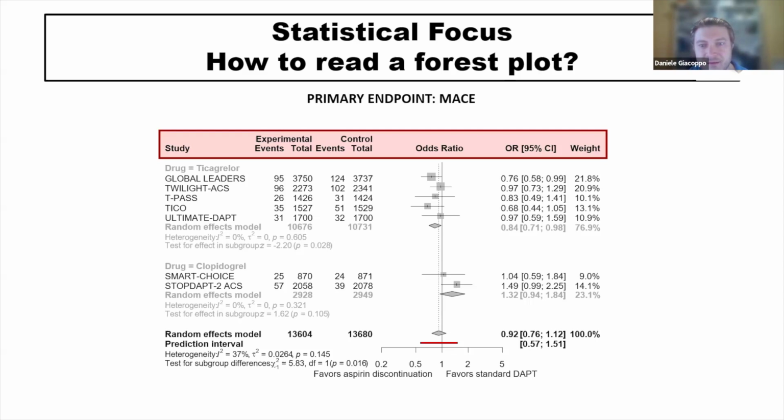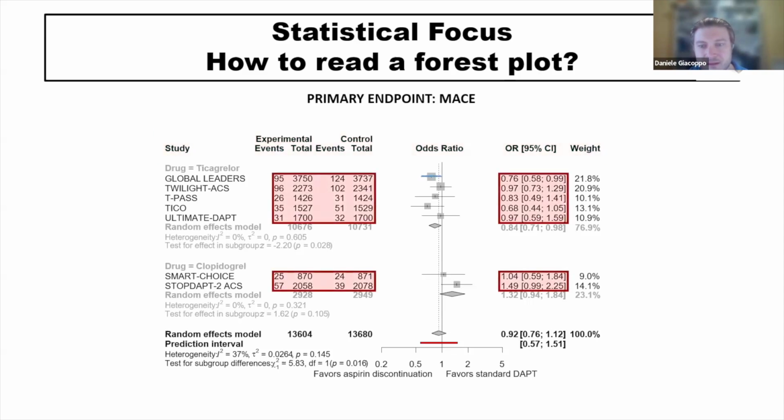As you can see, we also have the weight of each trial, and this implies different sizes of the squares, which represent the weight of each trial. The first trial, GLOBAL LEADERS, involving more patients and more events, has a larger weight compared to a trial with smaller sample size and fewer events.